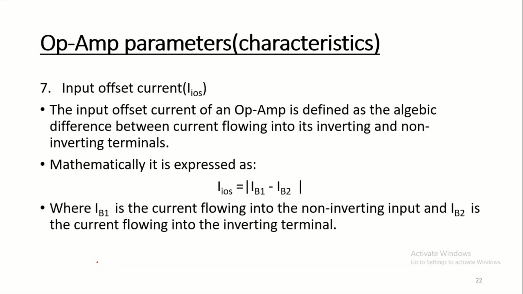The input offset current will give rise to a finite output voltage even when the input voltage is 0. That is why it should be reduced to the lowest possible value. The input offset current is temperature dependent.